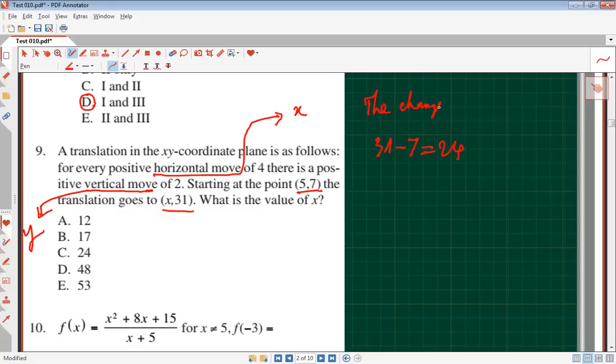The change in the y coordinate is number 2, and that means there must be 24 divided by number 2 equal to 12 steps.